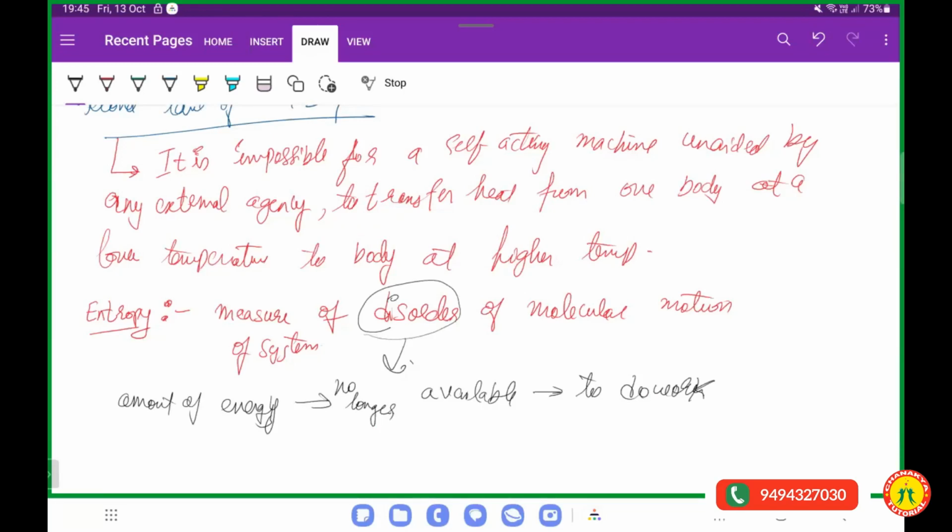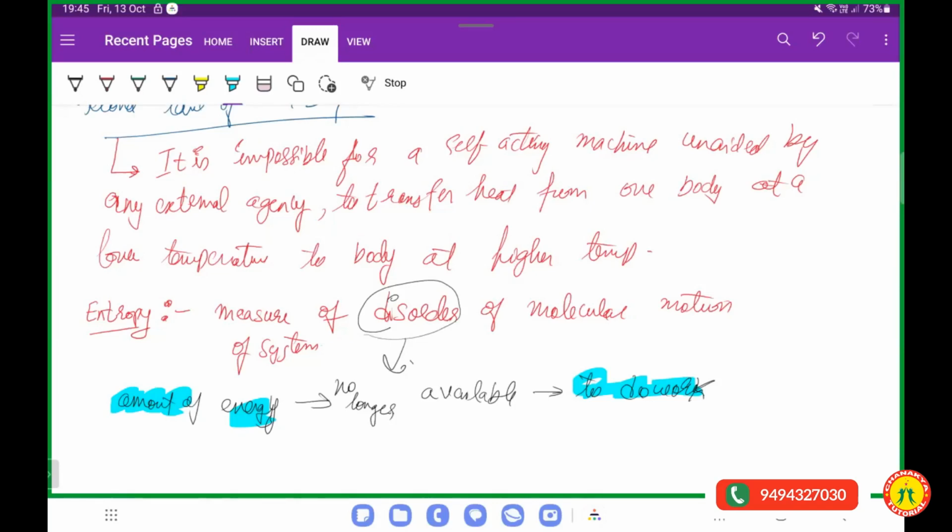So in a simple way, you can understand it as the amount of energy which is not available to do work, or no longer available. As time goes on, this energy is already utilized, so it is not available.